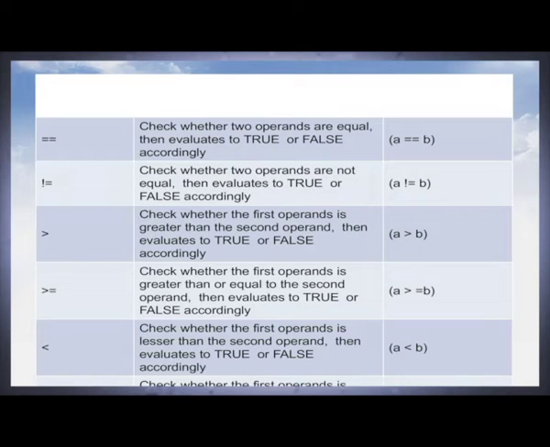What you see here is the list of comparison or conditional operators available in Python, which are double equal to, not equal to, greater than, less than, greater than or equal to, less than or equal to. So, I do not need to explain. From the slide itself you can understand how to use these operators.